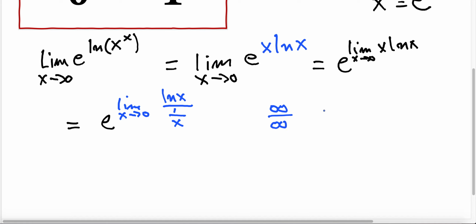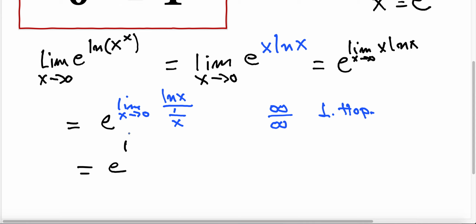So, since this is indeterminate, we can use the L'Hopital rule. So we have a right to differentiate numerator and denominator. So let me write here what I'm doing.